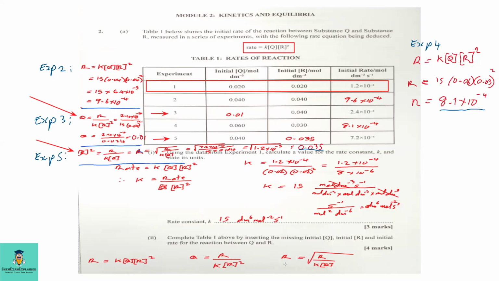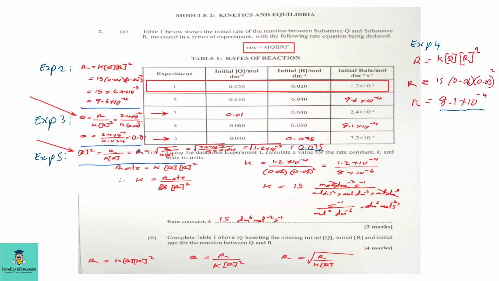So R is equal to the square root of the initial rate divided by the rate constant K times the initial concentration of Q. And we simply plug those values in. So R is equal to the square root of the initial rate, which is 7.2 times 10 to the minus 4. You can see it here.